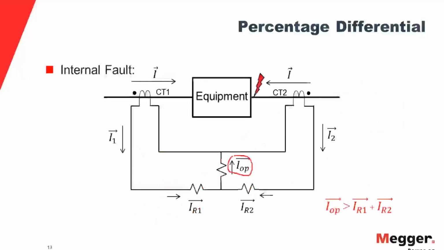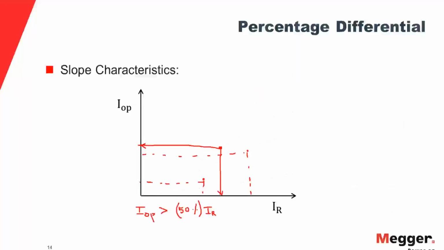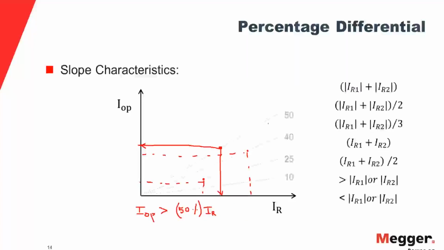In this point, it will be the same case, but instead of 50%, it will be 40%. Same thing here as well, 25% instead of 50%. So for the relay to operate, the IOP, which is from here, should be 50% of whatever the calculation is on this restraint current.